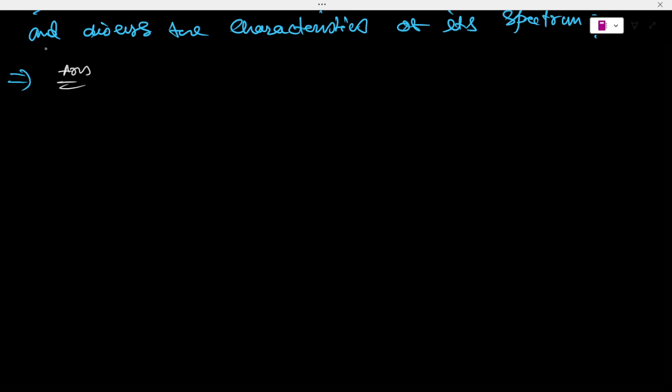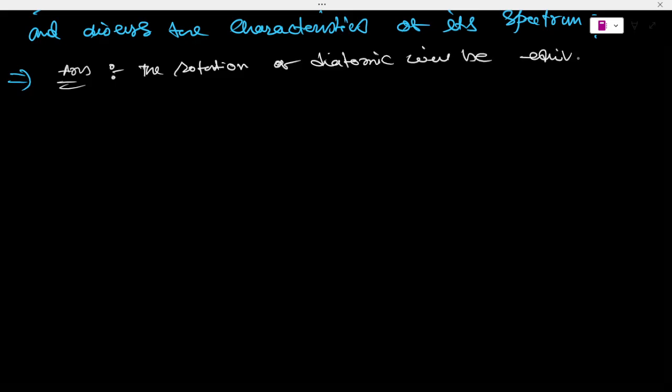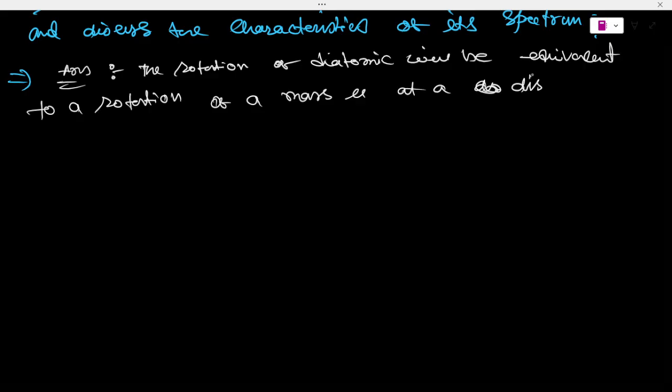The rotation of a diatomic molecule will be equivalent to a rotation of a mass nu at a distance of r from the origin c.